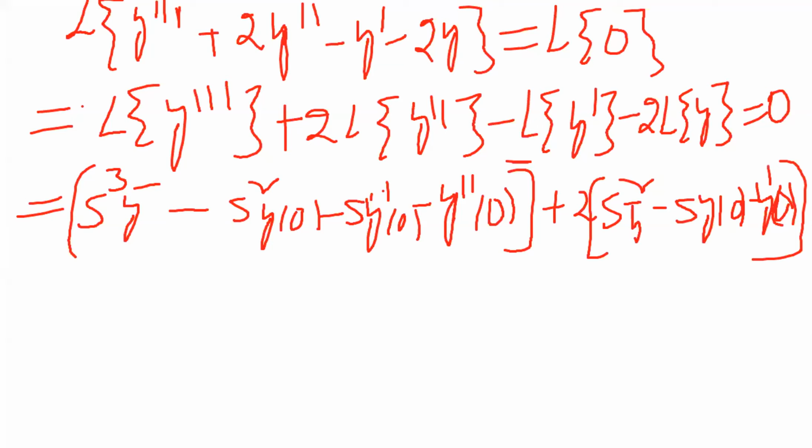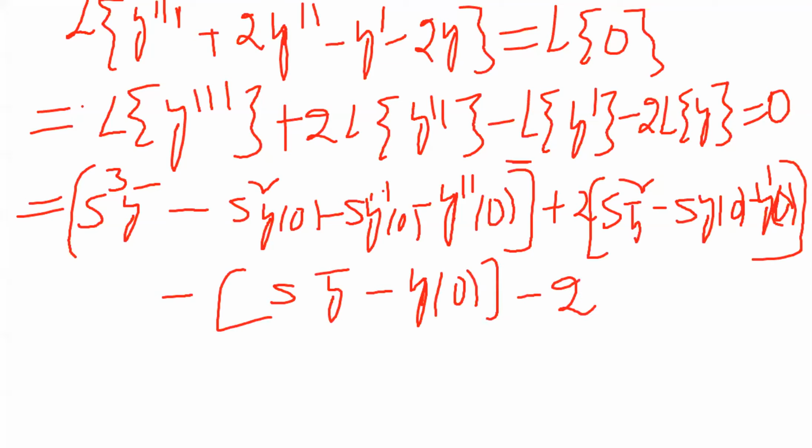And minus into L of y dash: s power 1, s power 0, positive y bar minus y of 0. Minus 2 into L of y, that equal to y bar. This is equal to L of 0 equal to 0.